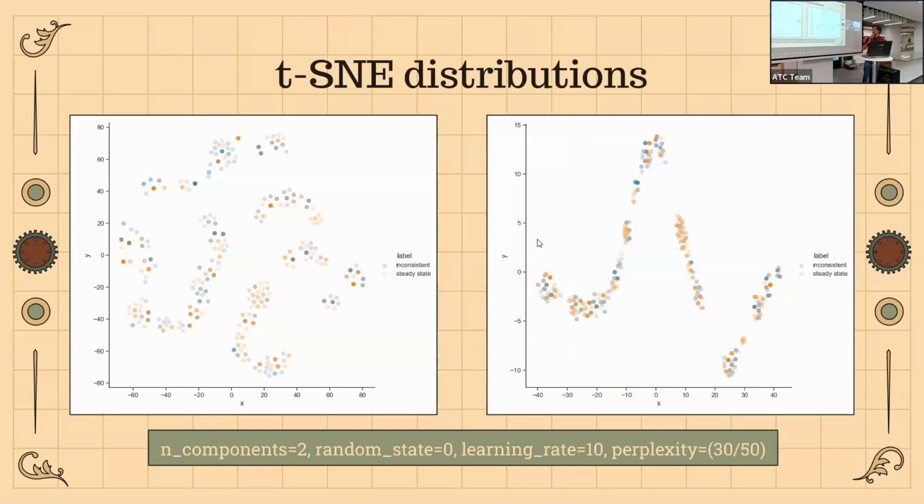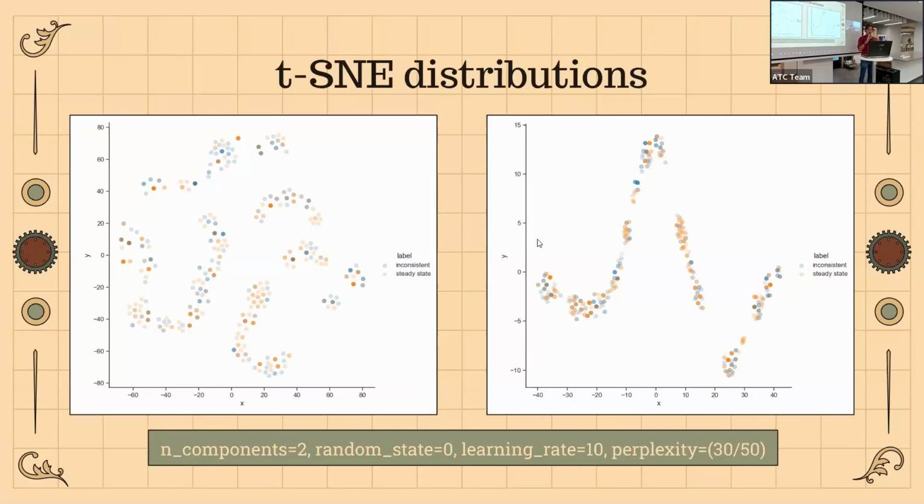And then this you will not find in the paper itself, but it's just a nice fun thing we did after we wrote the paper. We tried to look at what the t-SNE distribution looks like. Now, t-SNE distribution tries to find clusters of data. You'll see we have inconsistent steady states in blue and consistent steady states in orange. You can see a lot of overlapping things, but you can also see some shapes.